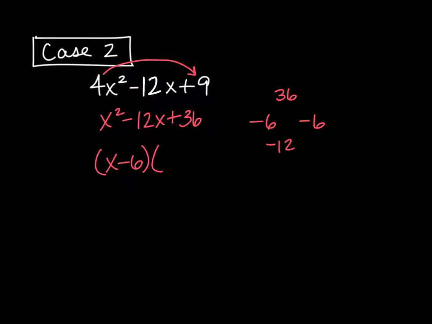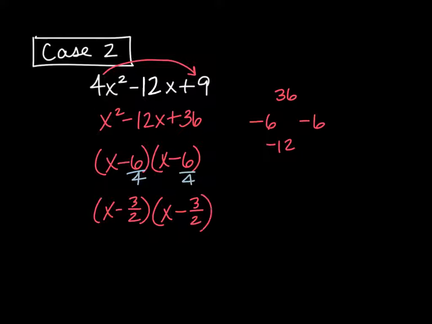So that's x minus 6 and x minus 6. And then remember, we took the 4 to the back, so we've got to bring it back around, divide by 4. Like we spoke about today, you should try to simplify that fraction if you can. 6 does simplify with 4, and that's going to become x minus 3/2 in both cases.